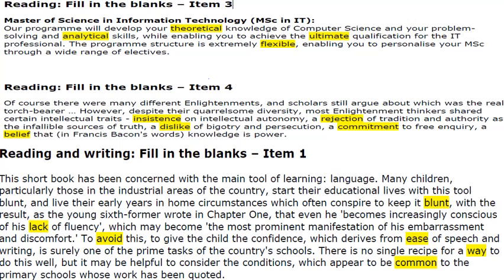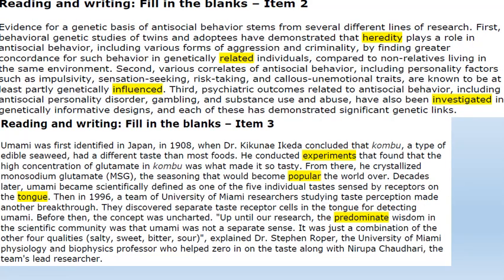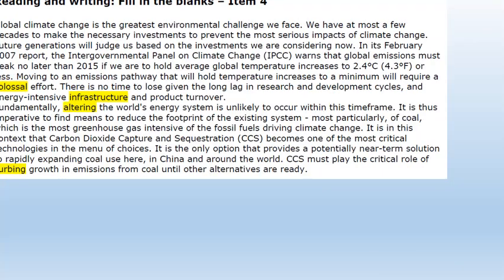Moving to the next. Moving to the next. Moving to next.